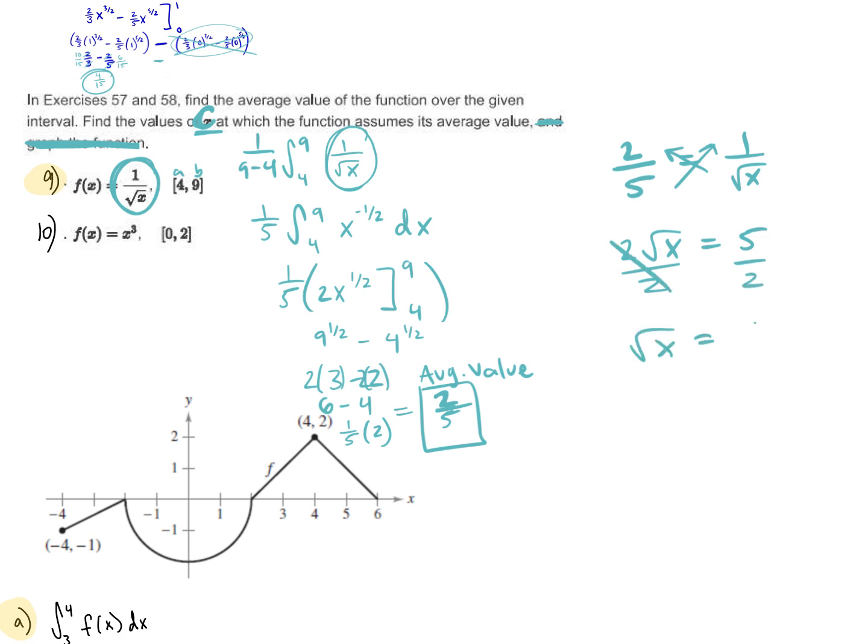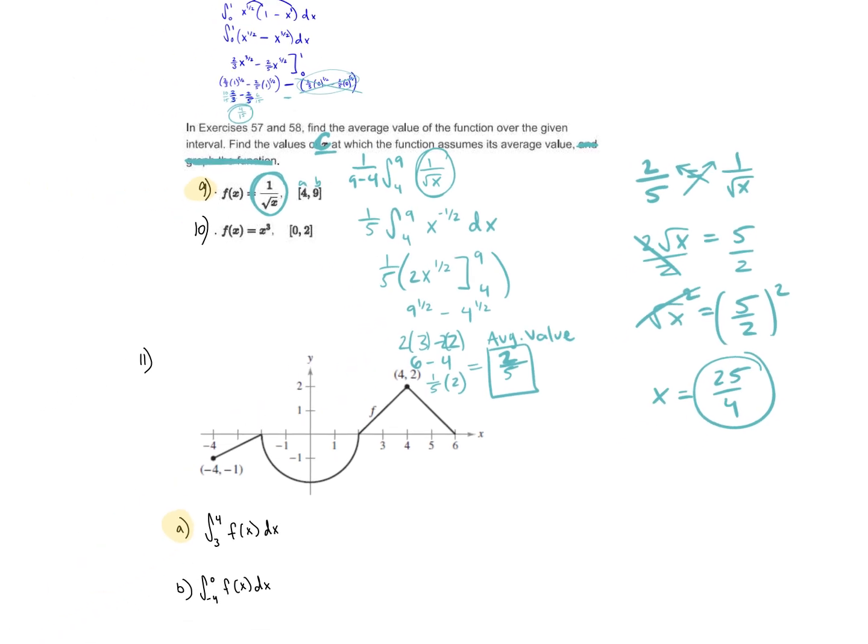Square root of x is equal to 5/2. What would I do next? Square both sides, perfect. So we get x equals, we square the 5 and square the 2, so 25/4. So this would be our value of x, or our value of c.